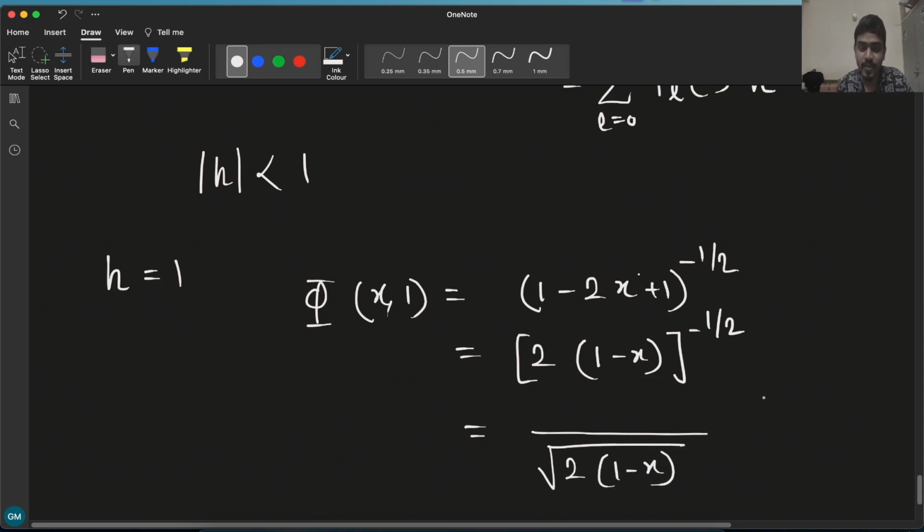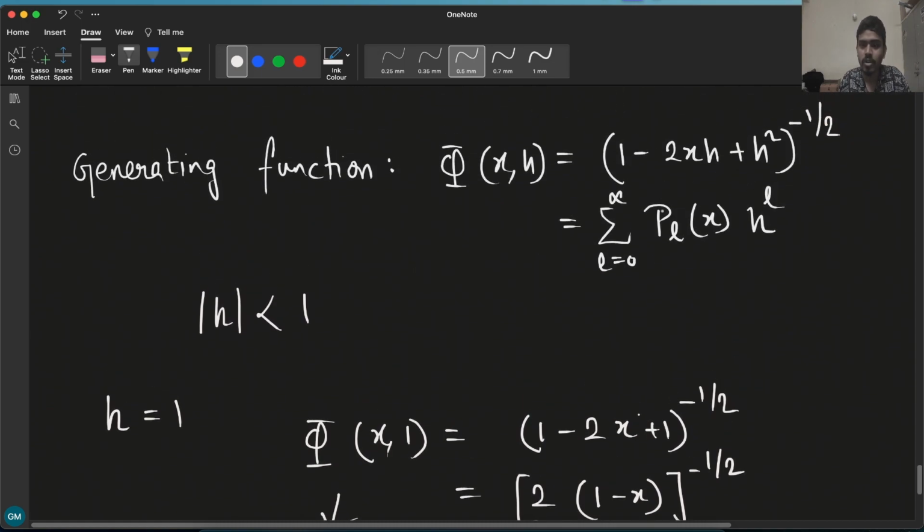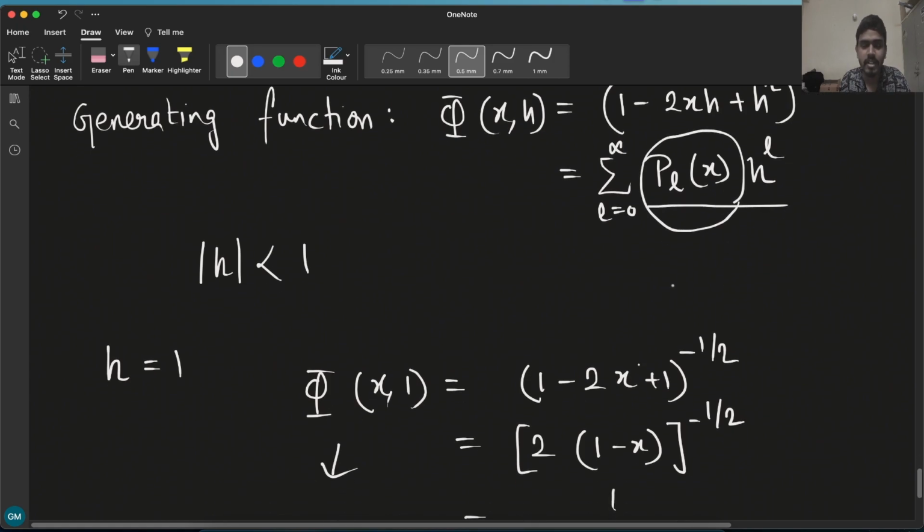And now you can see that at x equals 1, this generating function is not analytic, so you cannot define it. It is undefined. It diverges basically. So it cannot generate these Legendre polynomials in that case, where PL of x is well defined at x equals 1.